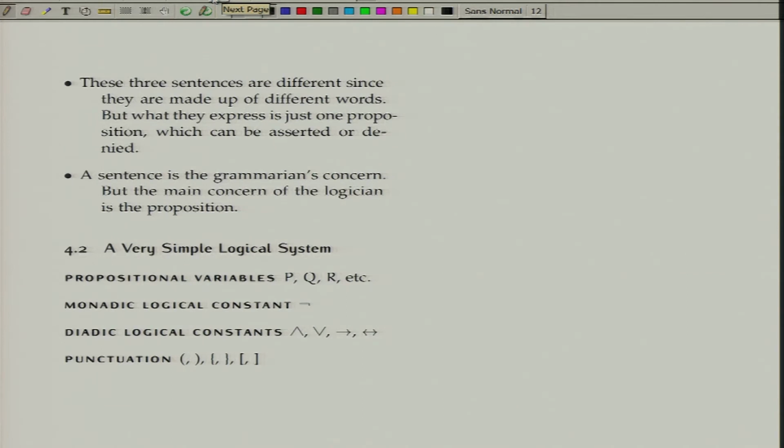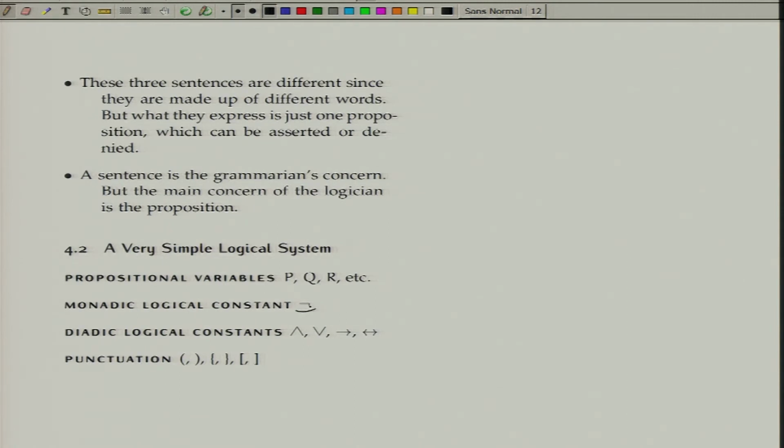It has logical constants. Logical constants or logical operators are of two types, monadic and dyadic. A monadic operator operates on one single proposition, and a dyadic operator operates on two propositions. So the monadic operator we can easily see is this, and I have mentioned 4 dyadic operators here.